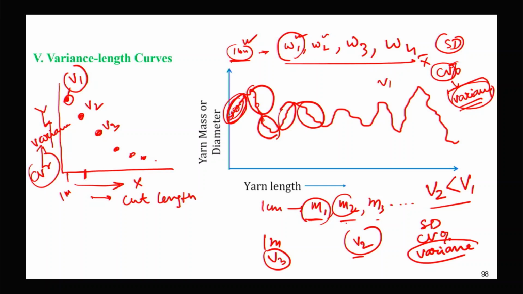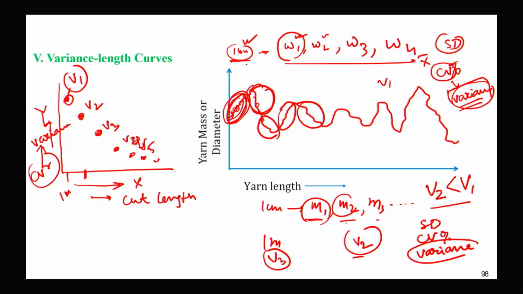In this way, if we go on increasing the cut length, you will get the variance gradually V4, V5, gradually the variance will reduce. And what we are getting here is the variance between these cut lengths.